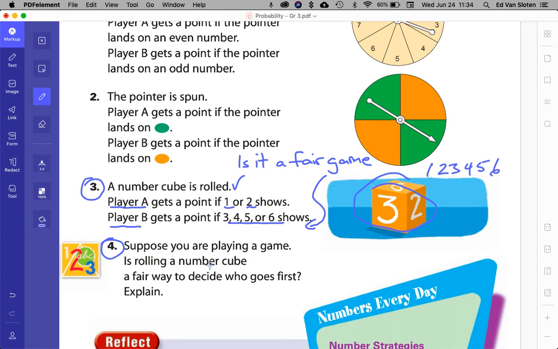Is rolling a number cube a fair way to decide who goes first? Explain. Is rolling a number cube a fair way to figure out who starts the game?